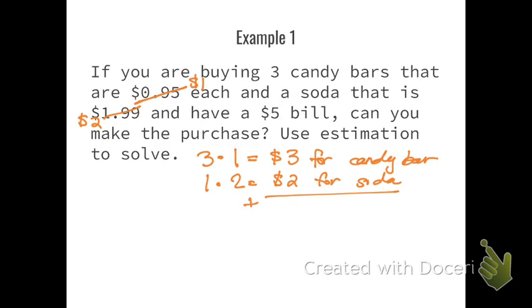And that's a total of about $5. So we should be fine. The $3 plus the $2 gives us $5 total, and that was with us rounding up: 95 cents rounding up to $1, $1.99 rounding up to $2. So we should have enough money here, and we're talking about food, which is typically not taxed in our area. So we should be good to go here.